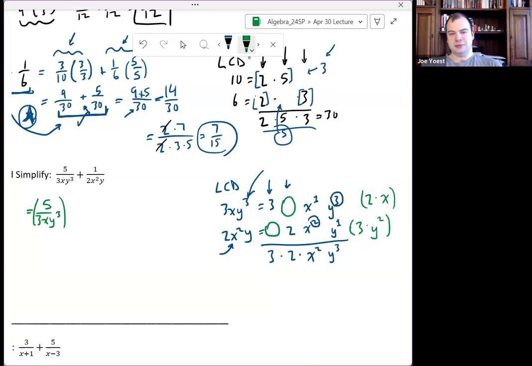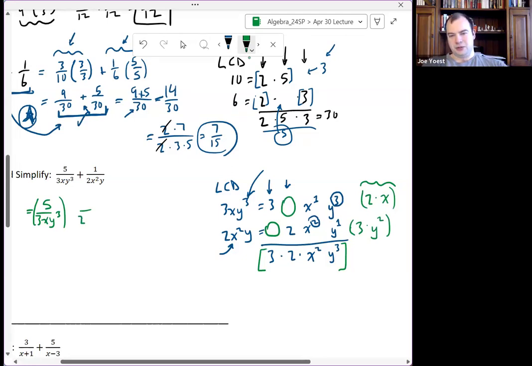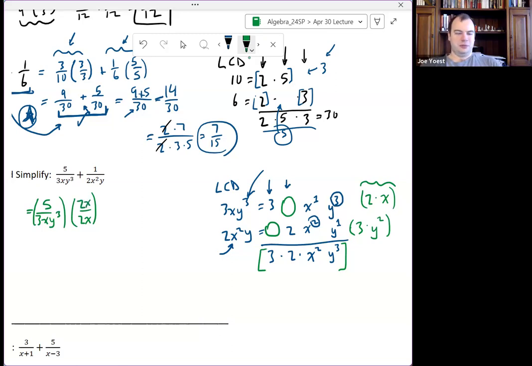So I have this fraction, and remember 3xy cubed, in order to turn it into the lowest common denominator, it needs to pick up factors of 2 and x. So we need to multiply it by 2x. But again, if we just multiply the bottom by 2x, we change the value of the fraction. So we need to multiply by 2x over 2x. So we're just multiplying by 1, not changing its value, but multiplying by 1 in a creative way that makes the next couple of steps easier.